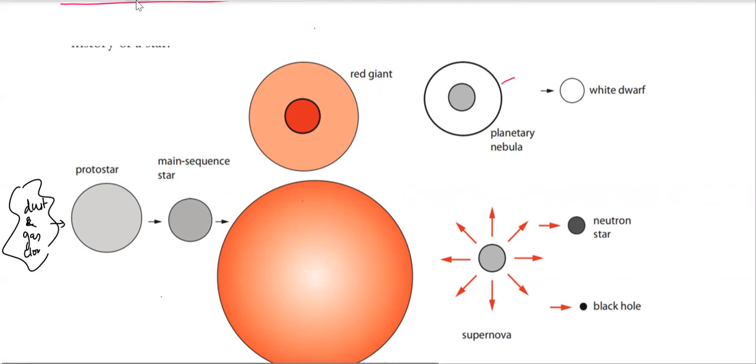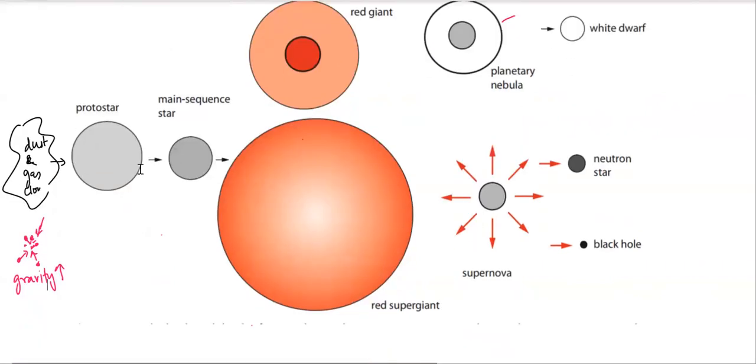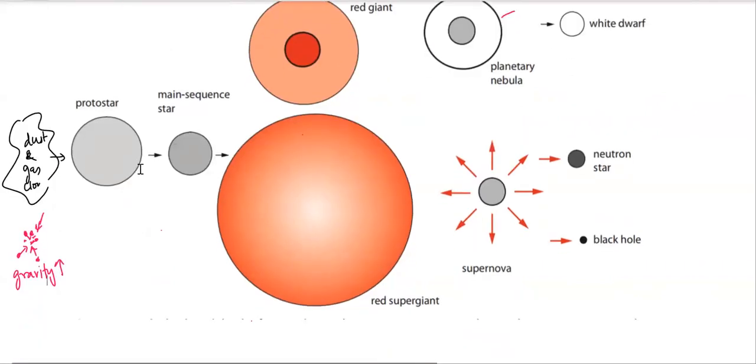Usually this process happens when some masses come closer because of gravity, and the gravity keeps on increasing because more and more mass gets attracted towards each other. As the gravity increases, the gravitational potential energy increases, and more and more mass will start accumulating.